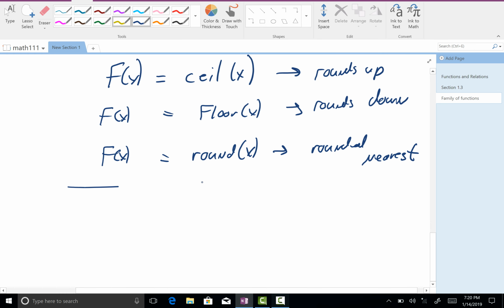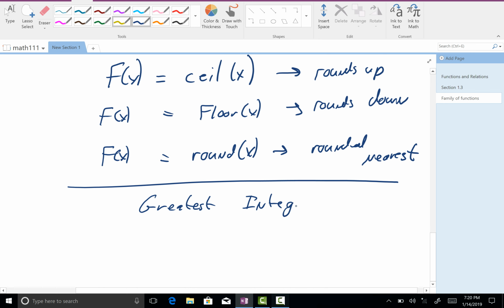However, in mathematics we have what is called the greatest integer function. And it's symbolized in a couple of ways. One looks like this.